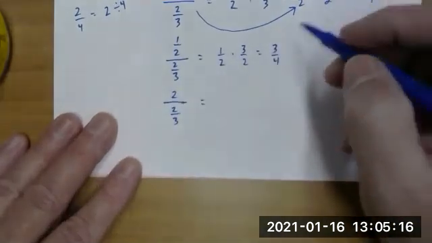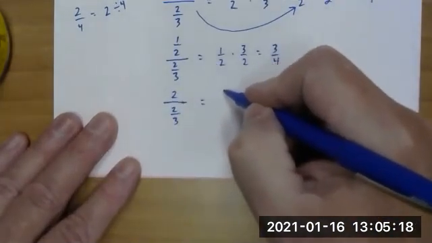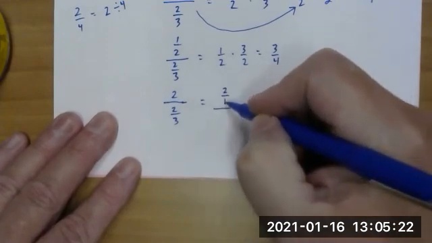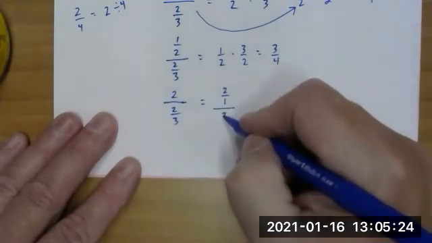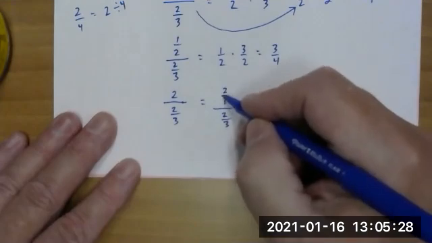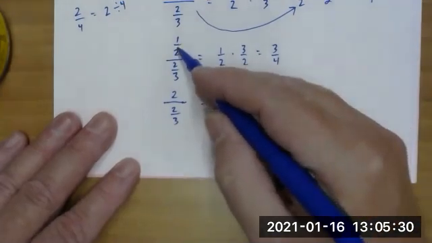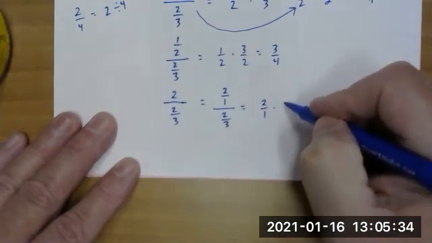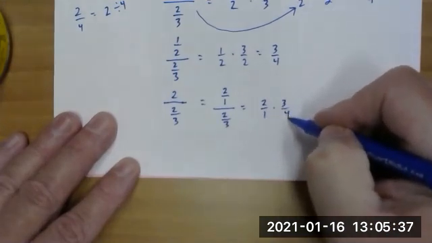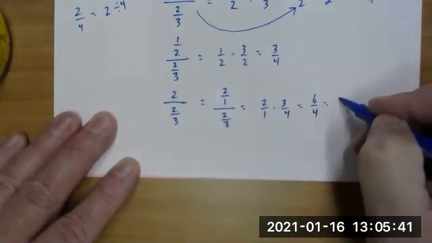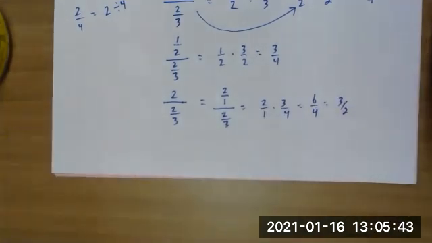How about we go ahead and convert that into a fraction, right? Anytime you have a whole number, you can always turn it into a fraction. And now we have a complex fraction like we just talked about. So you write the first fraction multiplied by the reciprocal of the second fraction. You'd have 6/4, which would reduce to 3/2.